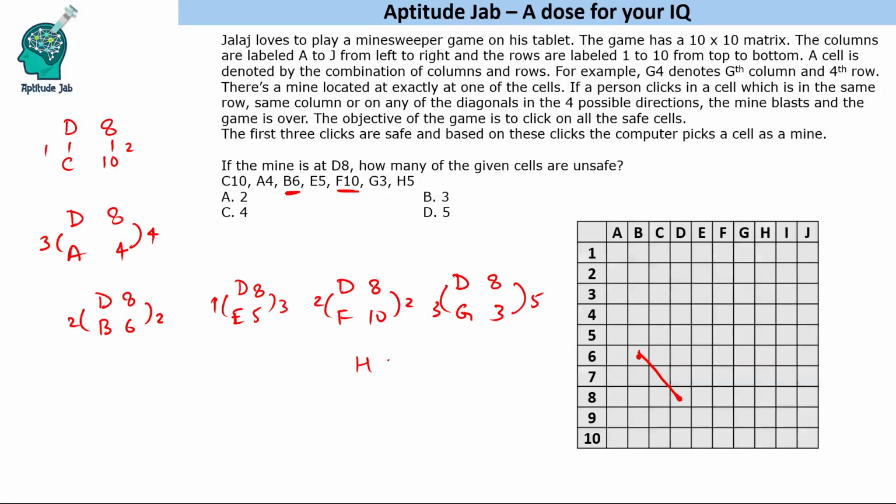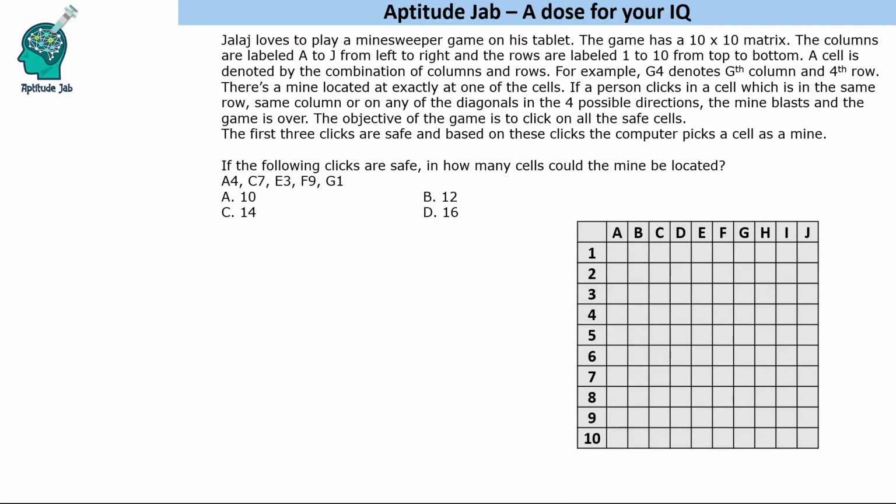H5: difference of 4, difference of 3, right? So this is also safe. So only 2 of these cells are unsafe. Okay, so you can see that F10 will also be an unsafe one. All right. Next question.